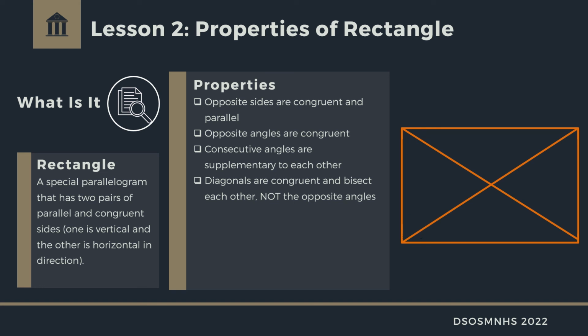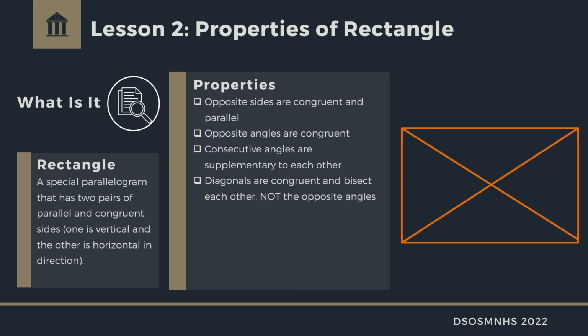Since this is a rectangle, the four corner angles are all 90 degrees, right angles. Consecutive angles are always supplementary, same as in the parallelogram. Same with the rectangle. Next, diagonals are congruent.